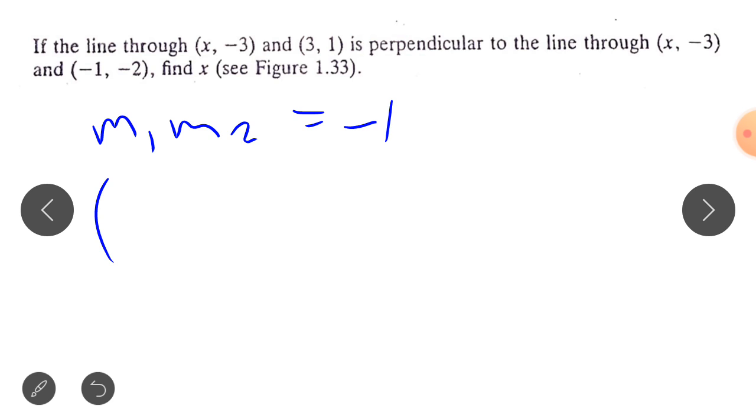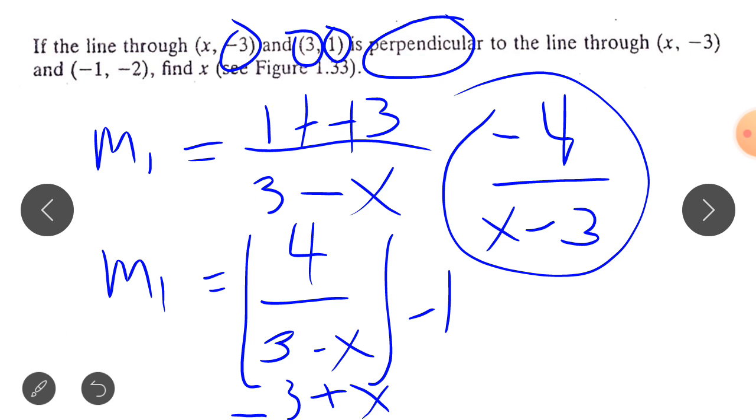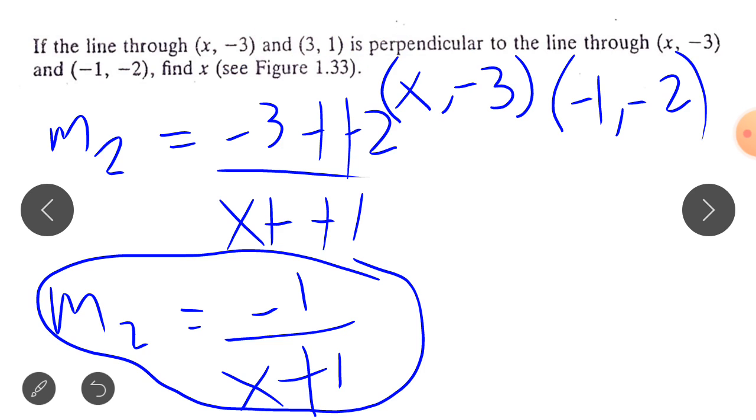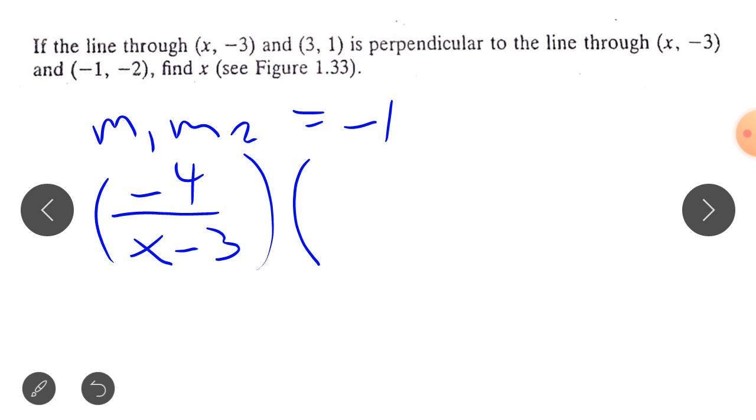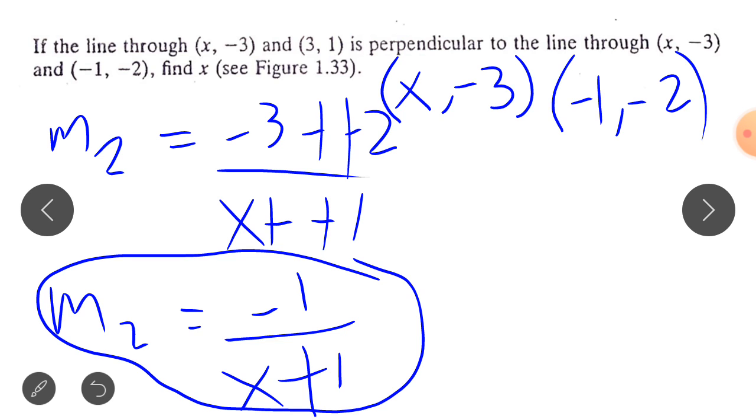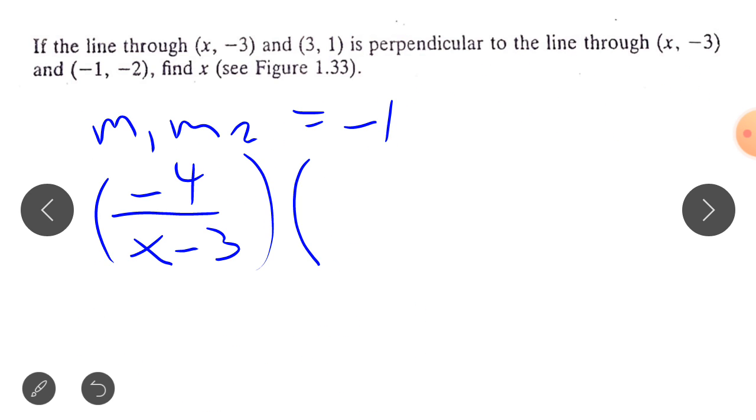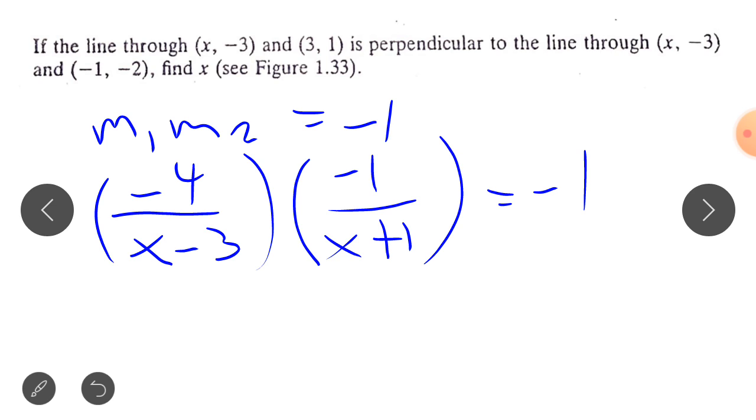Our m sub 1 is negative 4 over x minus 3, and our m sub 2 is negative 1 over x plus 1, equals negative 1. Since this is multiplication, we can multiply the numerators and multiply the denominators.